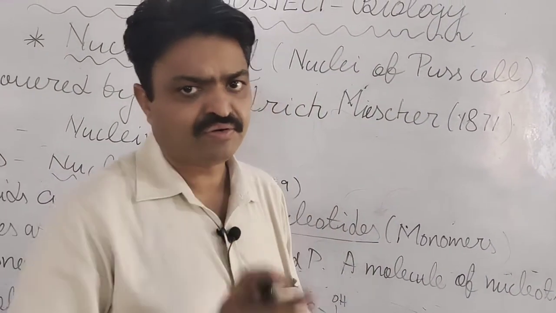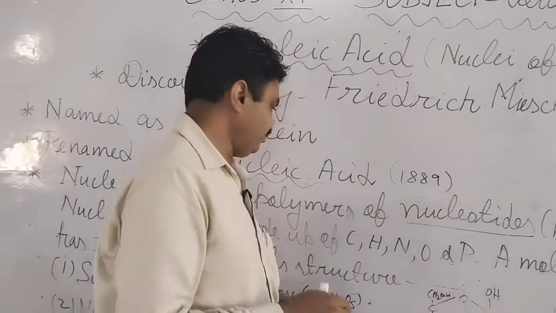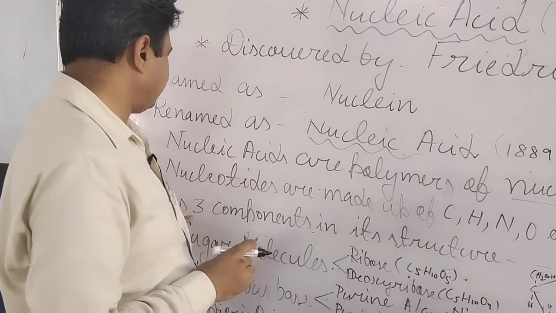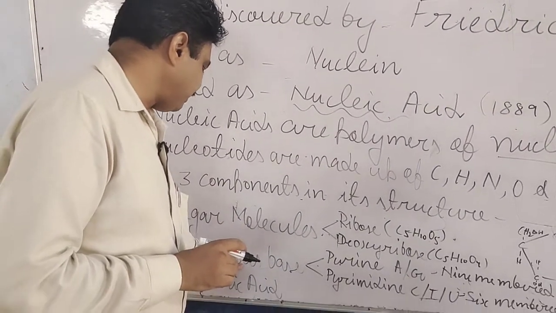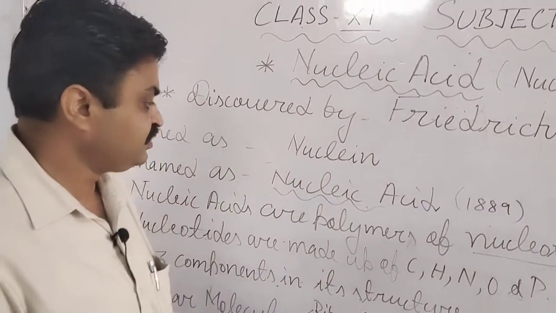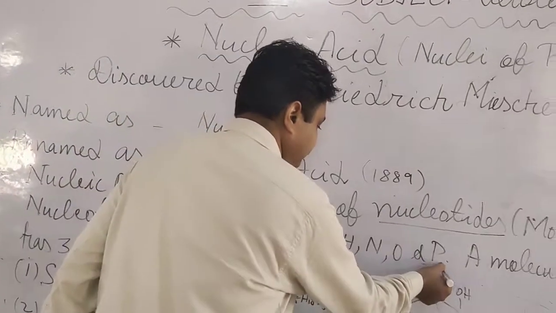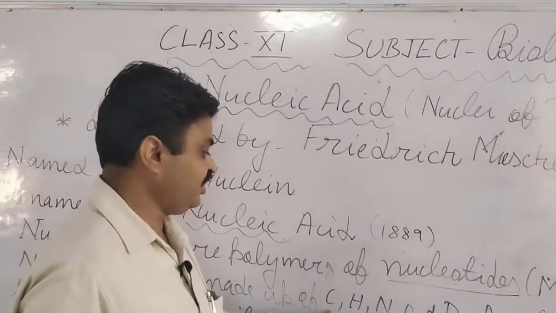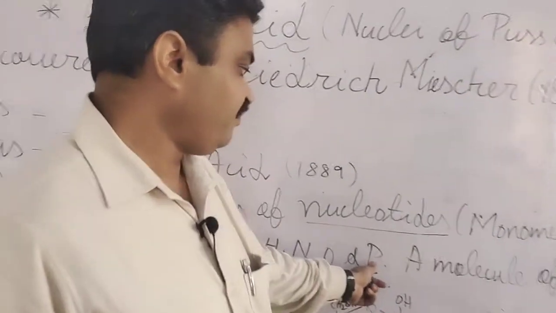And in the nucleotides, student, three basic units are found: sugar molecules, nitrogenous base and phosphoric acid. Now these nucleotides mainly have these elements: carbon, hydrogen, nitrogen, oxygen and phosphorus.